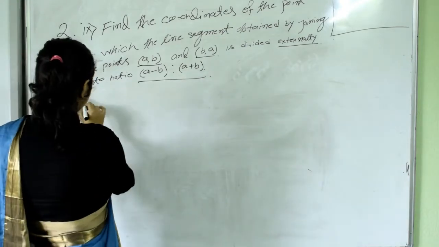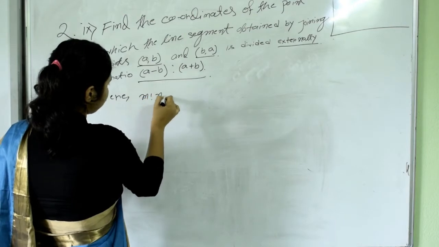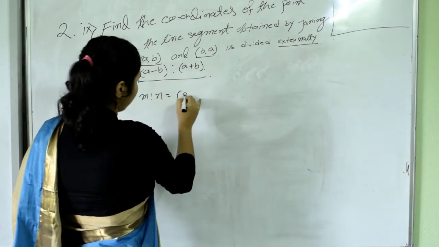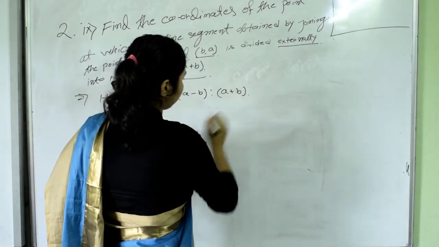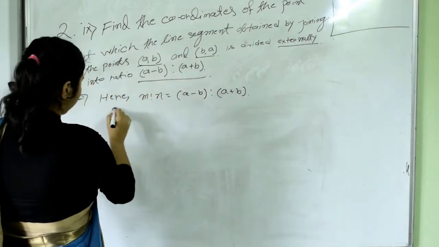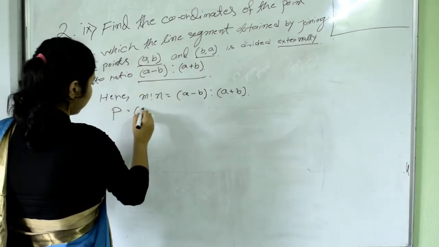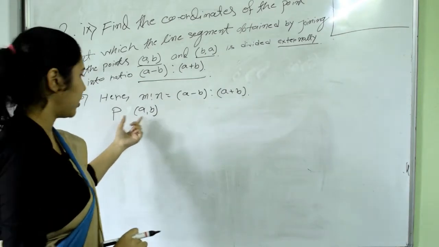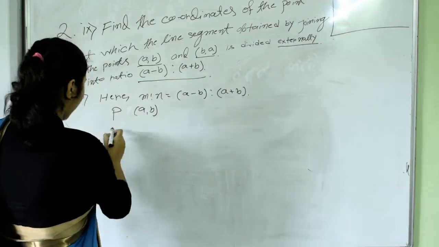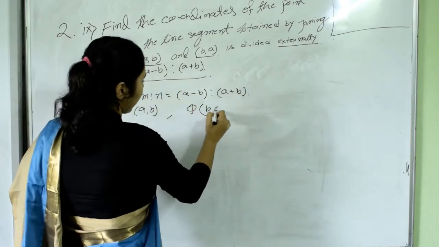So here m:n equals a minus b, a plus b, and suppose the coordinate of the point P is (a, b), and the coordinate of the point Q is (b, a).